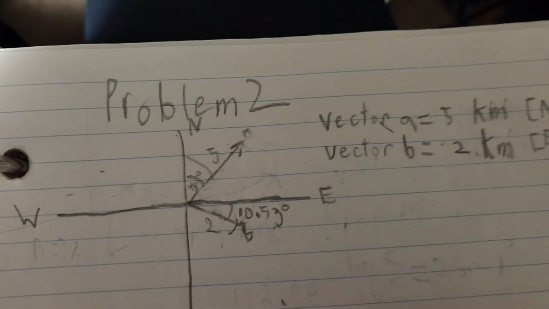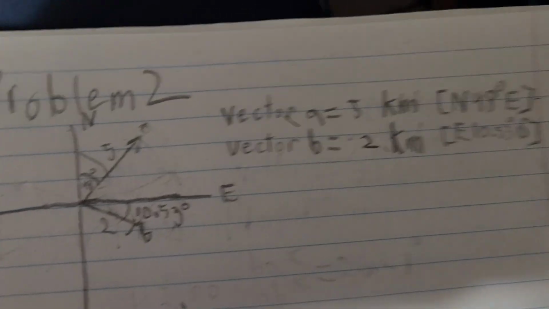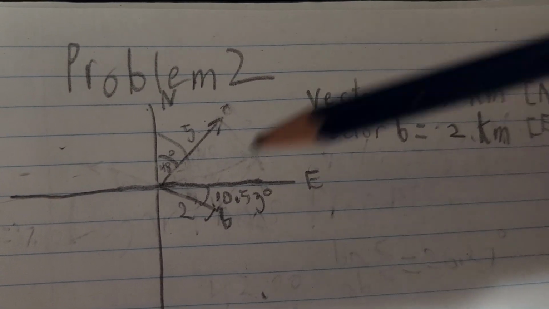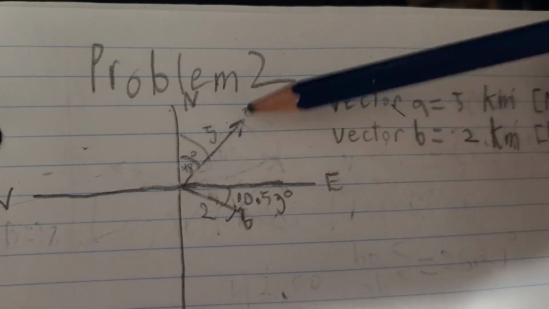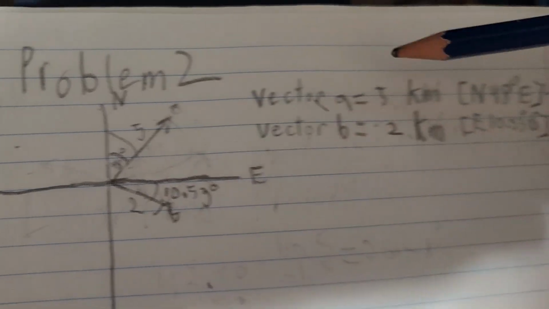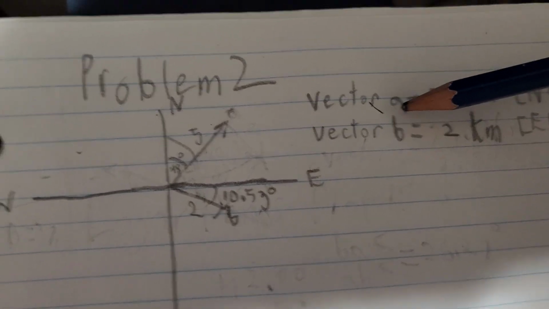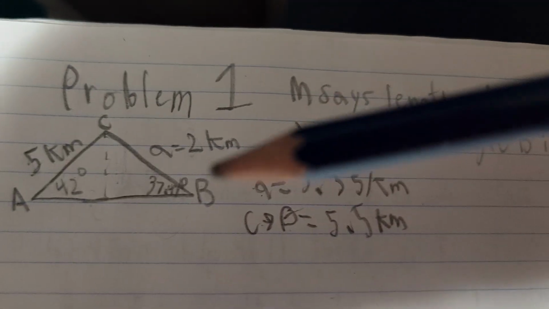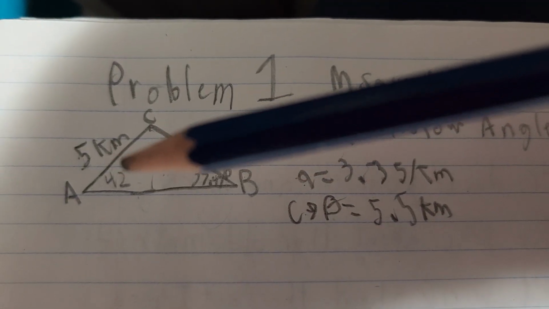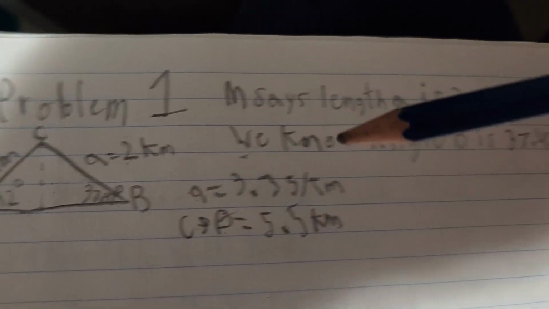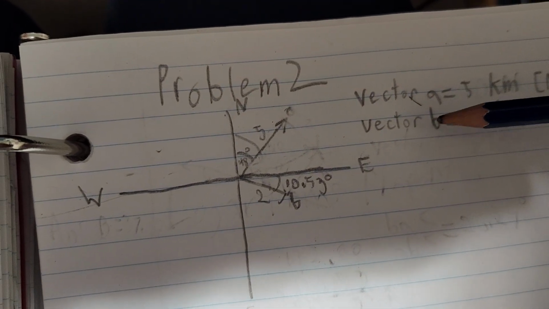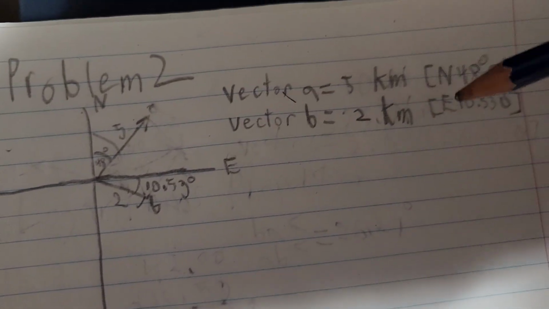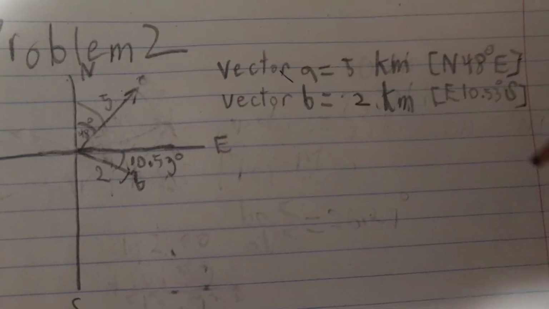So, problem 2. We have to solve for the resulting vector of vectors A and B, representing what sides A and B were originally, just flipped now. A being B and B being A. It's not too complicated, don't worry about it.